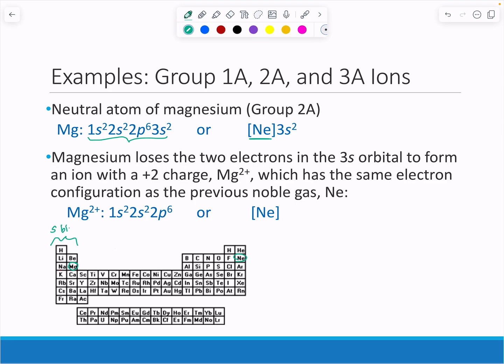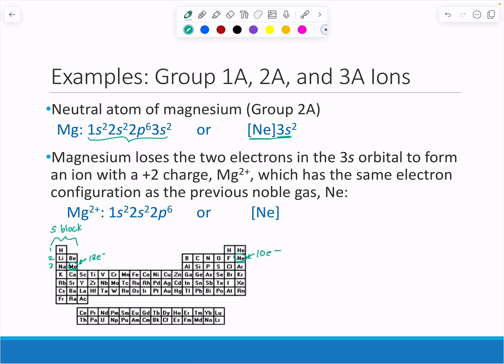This is the S block, so it's going to have S electrons, and then which row it's in, 1, 2, 3, it's in the third row, so that's going to be 3s orbitals that those electrons in excess of neon are. So remember that neon has 10 electrons, magnesium has 12 electrons, and so we know we have 3s orbitals, and we have 2 electrons in those because magnesium is in the second column of the S block.